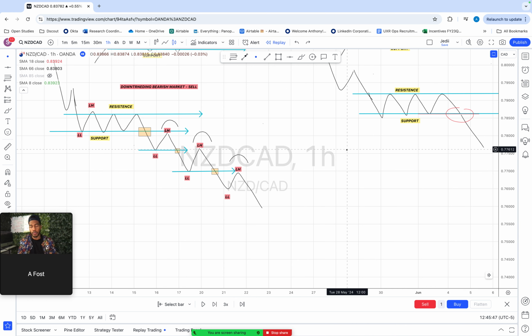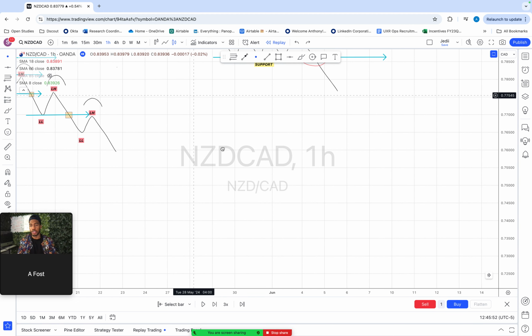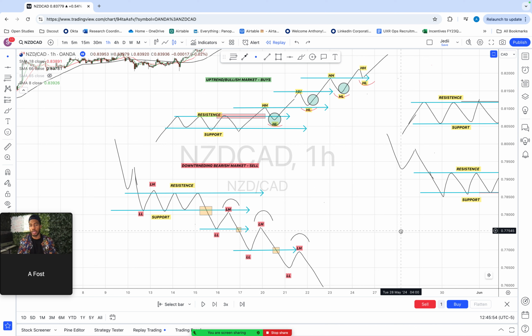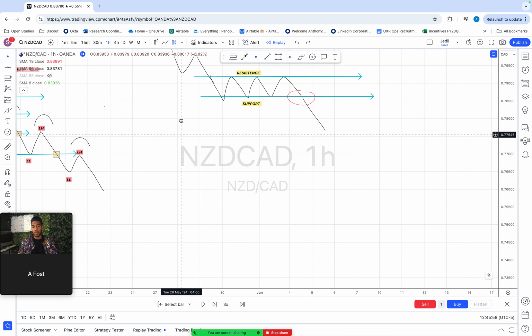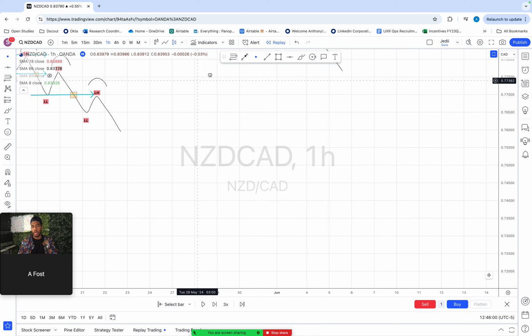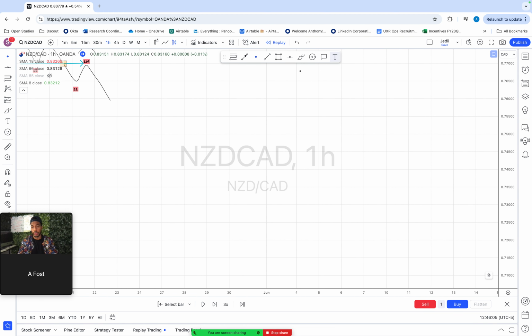Okay, so the last thing I want to do is show you the transition of the market. You understand now what a bullish market looks like with structure. You understand now what a bearish market looks like with structure. Now we're going to get into seeing a transition in the market. So this is probably the third phase.